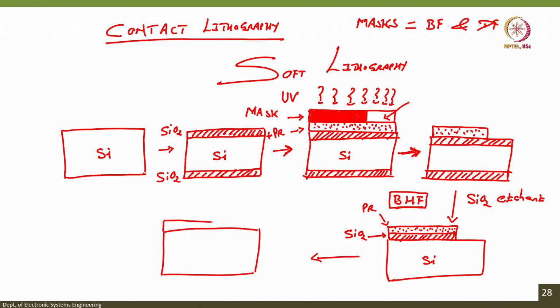So, for this wafer, let us say we give the names A, B, C, D, E, F. The E, when we dip in acetone, the photoresist will get stripped off, and what we have is the silicon dioxide as a step on the silicon.